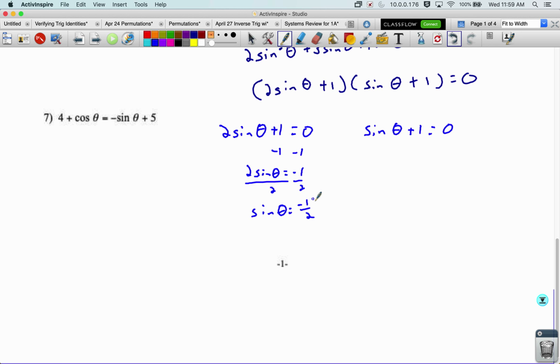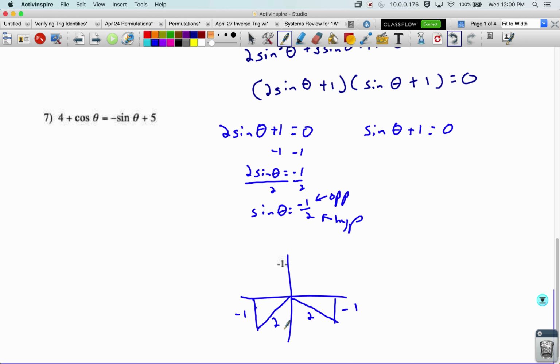Now I can label this as opposite over hypotenuse and try to draw this. So to get an opposite that's negative, I have to come down from the x-axis. So these are my 2 triangles. Opposite's negative 1. Oops, hypotenuse is 2.